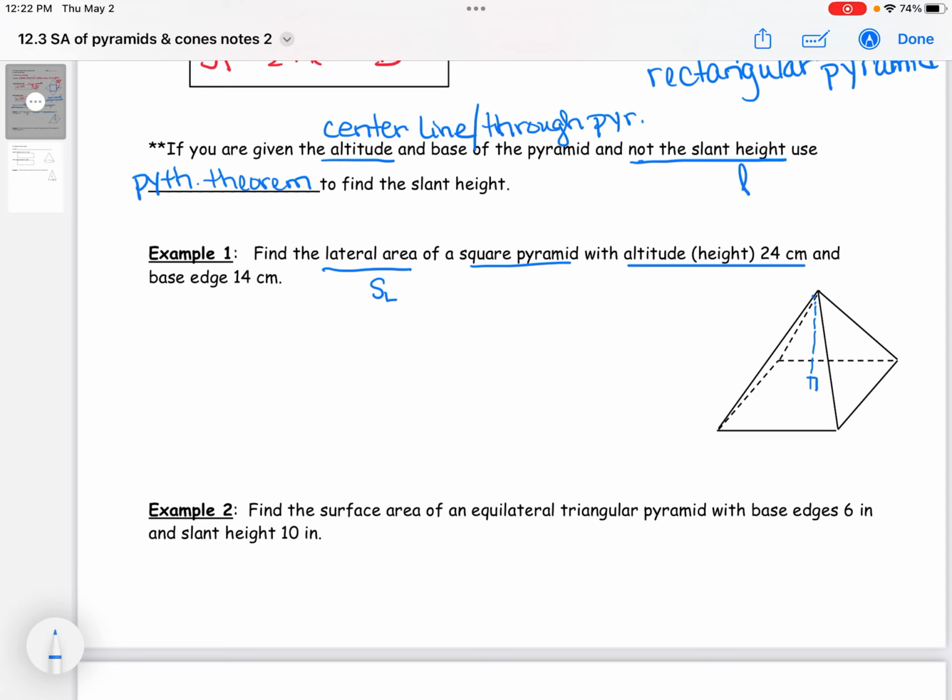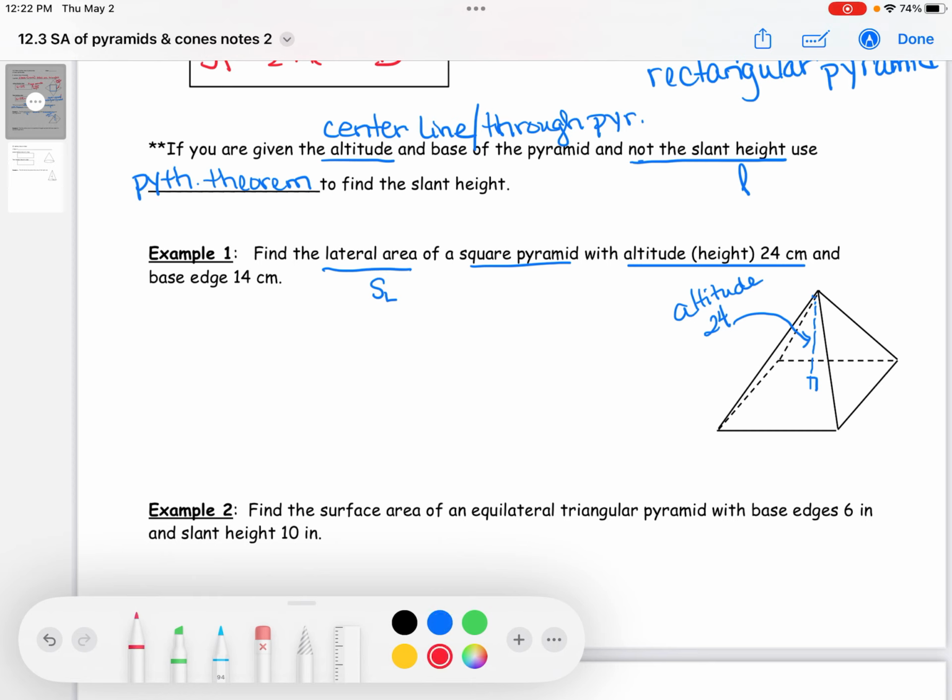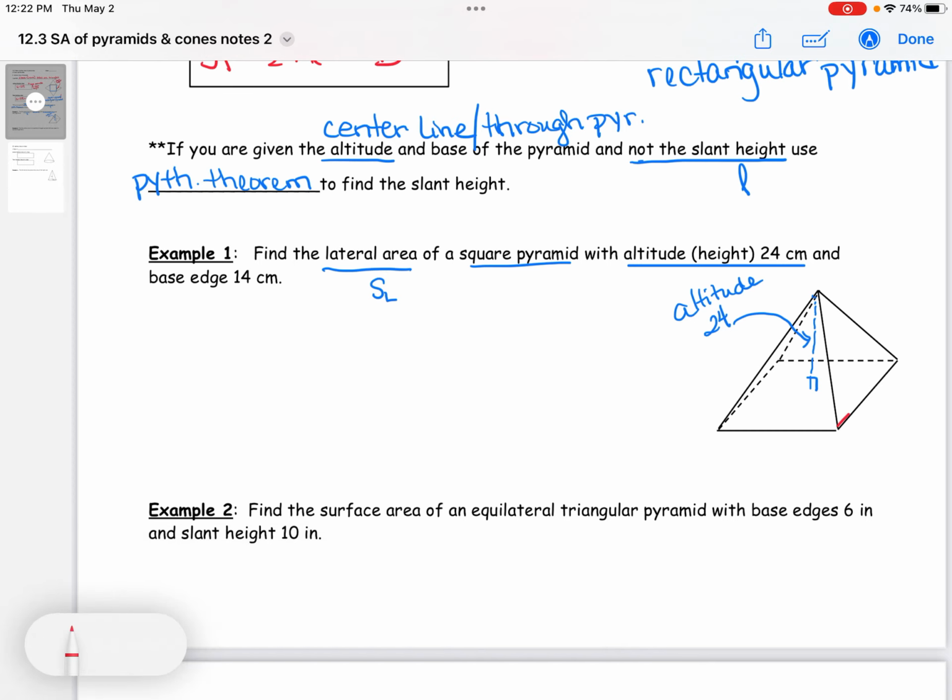That's the altitude. So for this problem, that's 24. The base is 14. So this is 14.